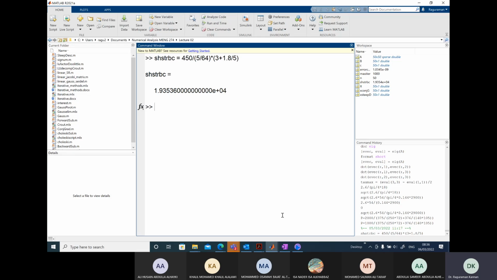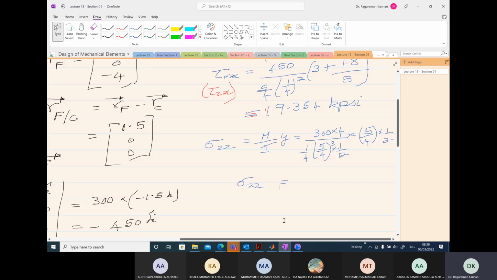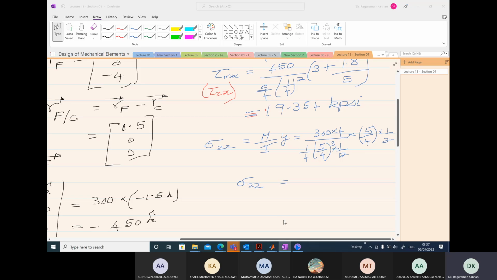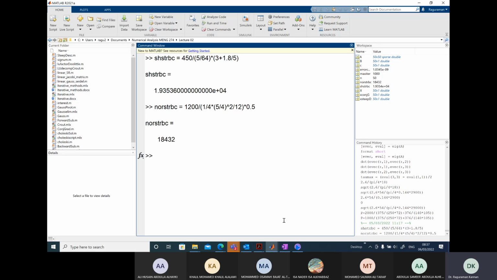Stress. So this is normal stress for BC. 300 divided by 1/4 times 5/4 square times 1/12, that is divided by 12, then multiply, so we get 18.432 kpsi.